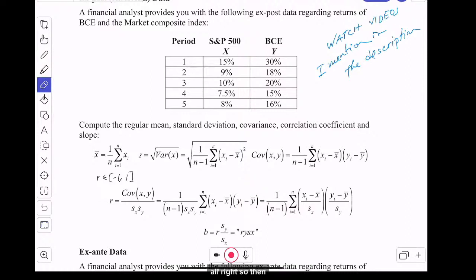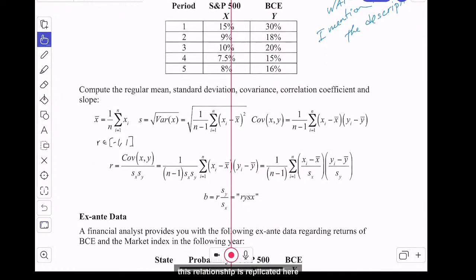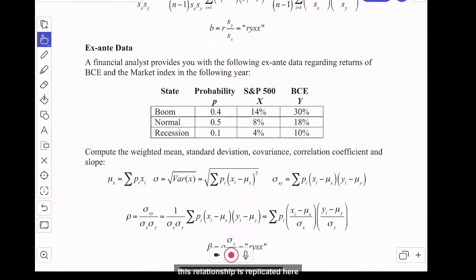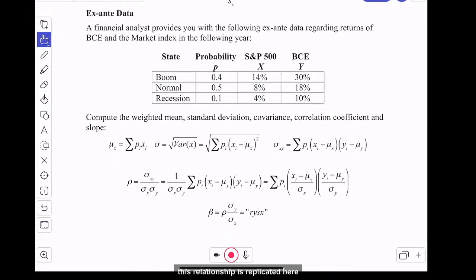All right. So then this relationship is explored between these variables, but I presented them in a different way as ex-ante data, where they become like a distribution. It's a discrete distribution.